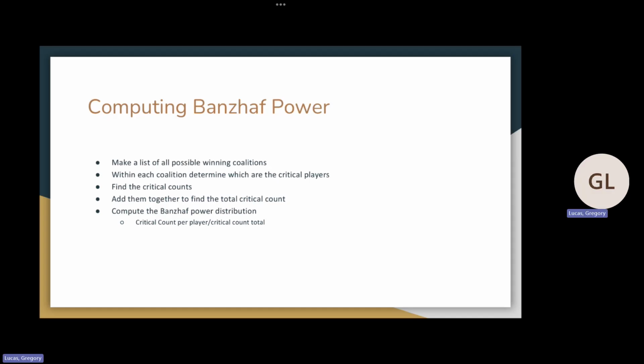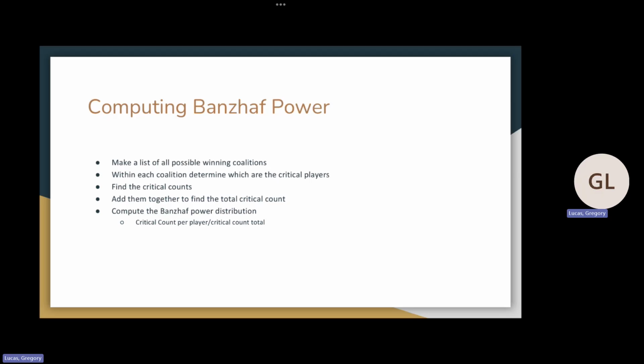So if we want to compute Banzhaf power, we make a list of all possible winning coalitions. Within each coalition, we determine which players are critical players, and then we find the critical counts.